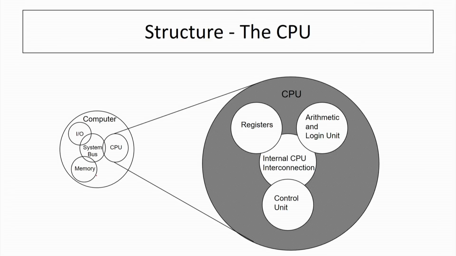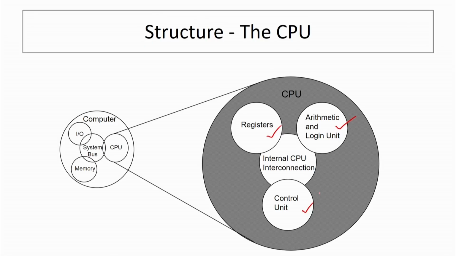Now, if you look at it, you can expand this bubble of CPU, and we see that it has 3 major components. One is the arithmetic and logic unit, then the registers, which are nothing but the storage unit, along with the control unit.